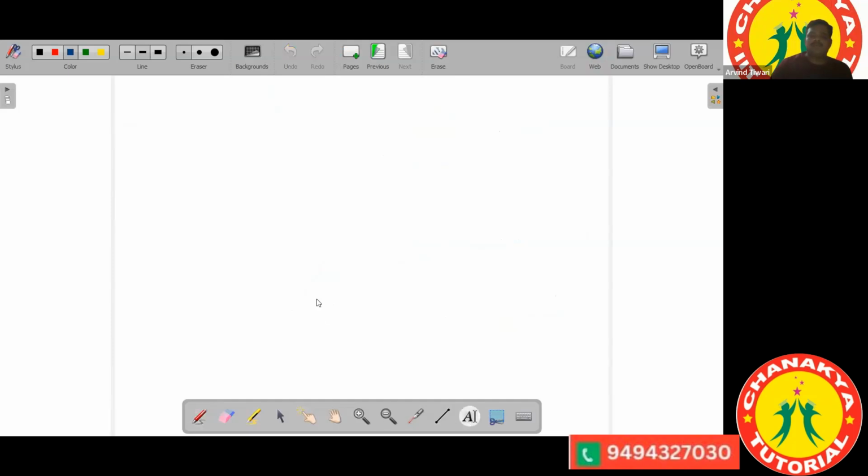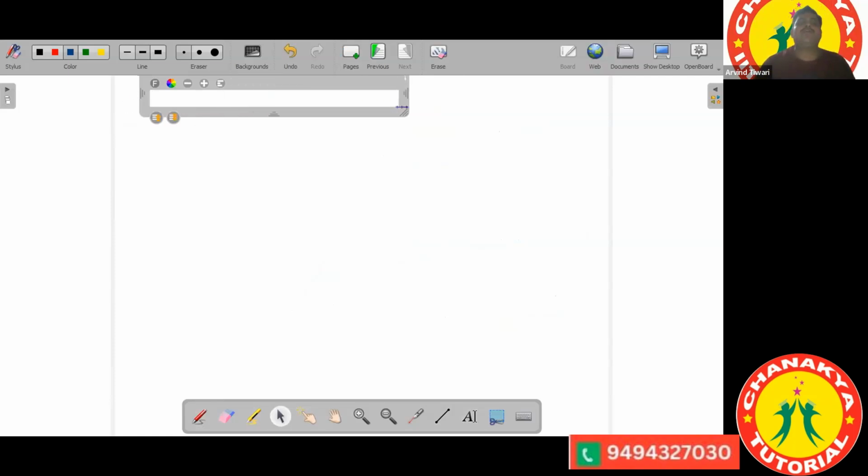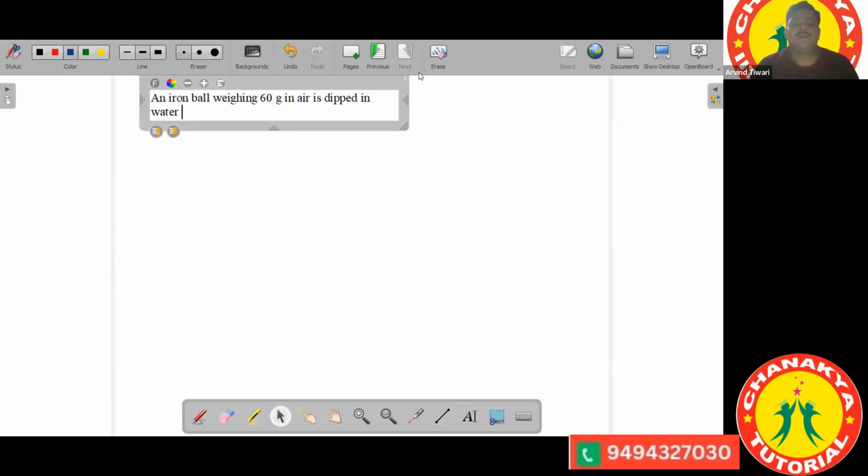Try to solve this question. An iron ball weighing 60 gram in air is dipped in water.